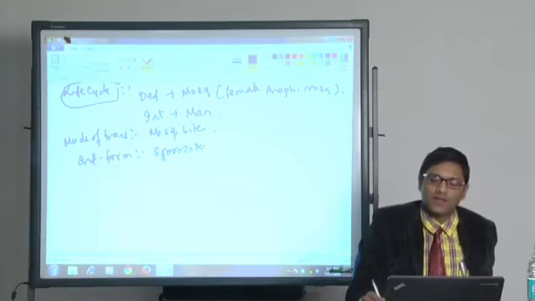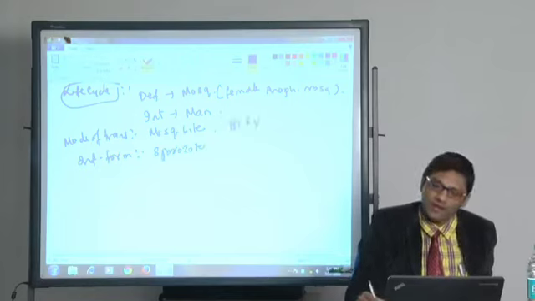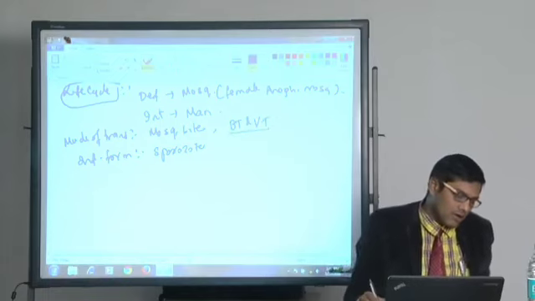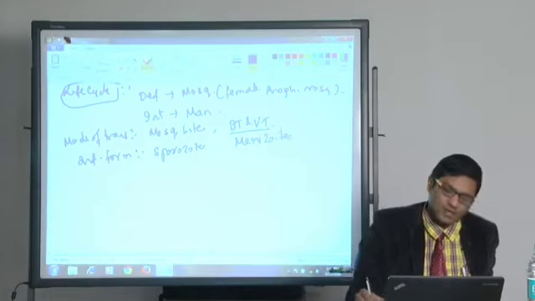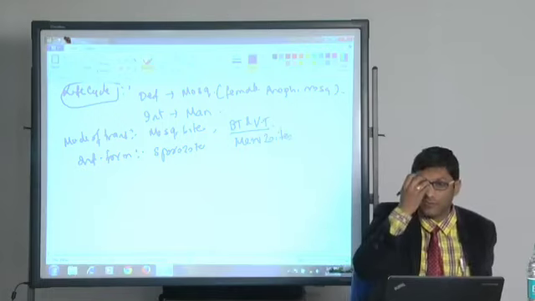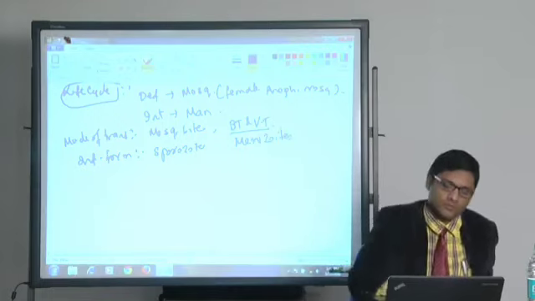but mode of transmission can also be blood transfusion and vertical transmission from mother to fetus. In these 2 cases, the infective form will be merozoites. Directly merozoites can be the infective form. Okay.